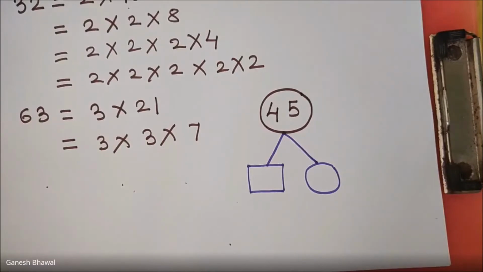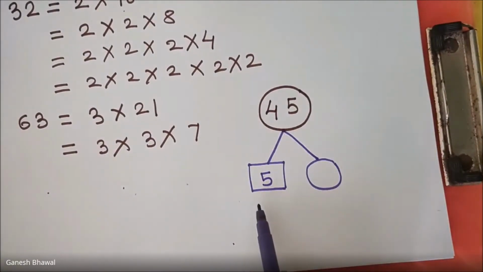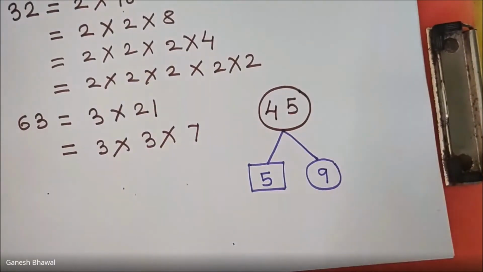Now tell me, type it in the chat box, which number is composite and which is prime. 5 is prime, correct. So I will take it in the box and 9 I will take in the circle.